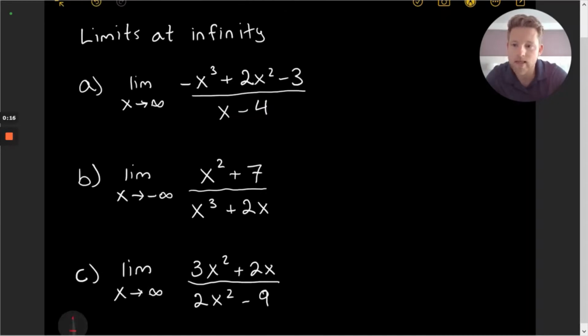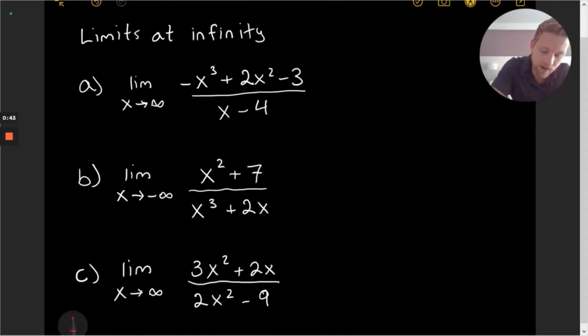We have a limit as x goes to infinity of another rational function. We have negative x cubed plus 2x squared minus 3, and then divide by x minus 4. There's a couple things to keep in mind when we're thinking about limits to either positive or negative infinity, and I'll try to note those on the top here.